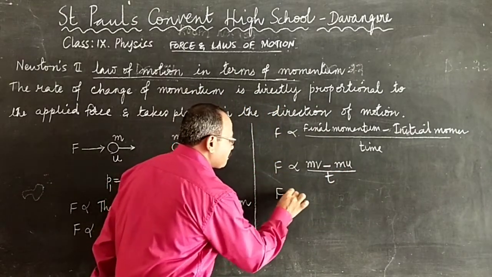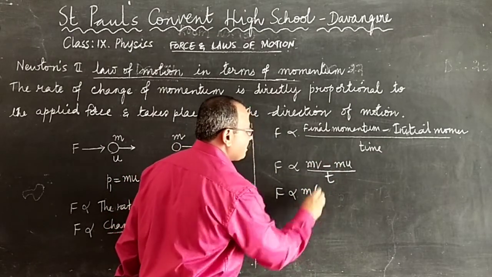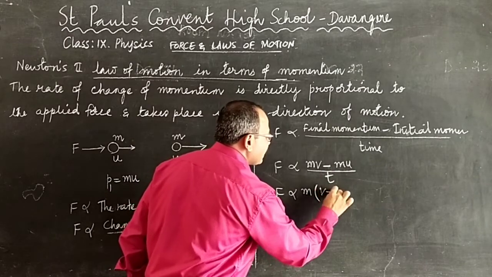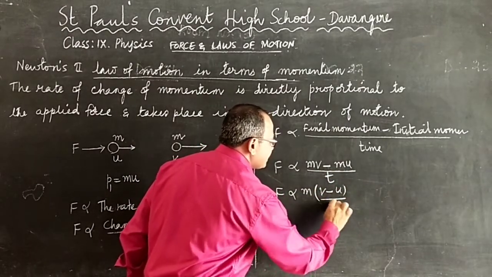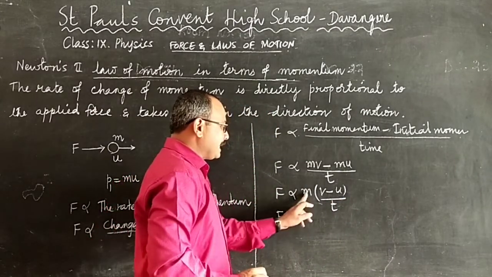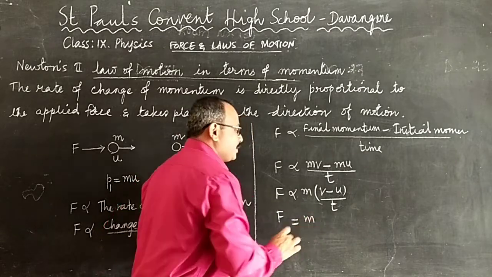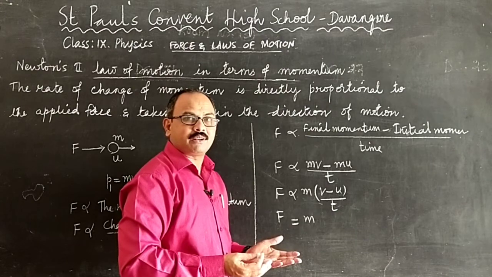Now, F proportional to m is common, therefore this becomes m taken out, v minus u by t. Consider in this case, m remains the same. V minus u by t is nothing but acceleration, the rate of change of velocity.